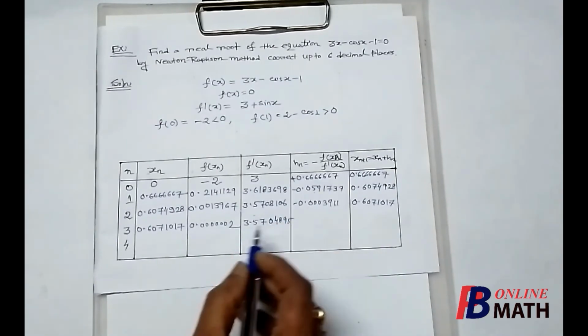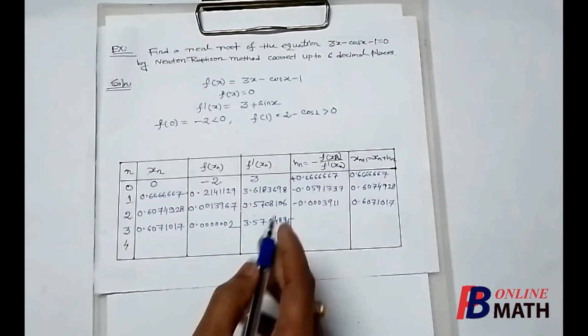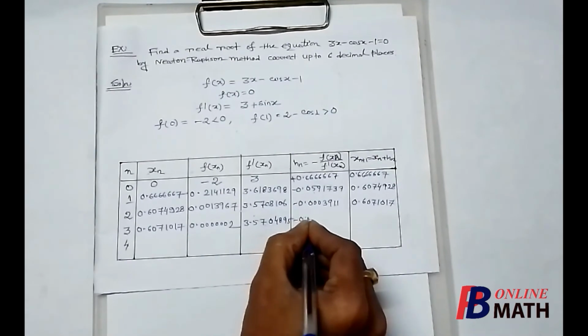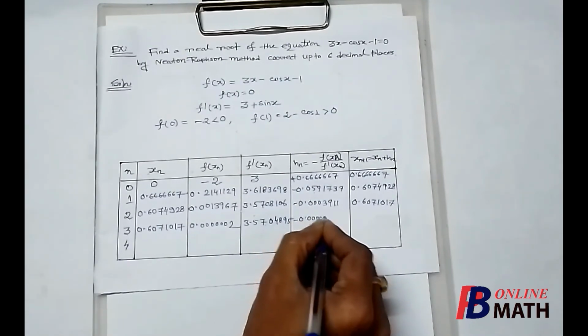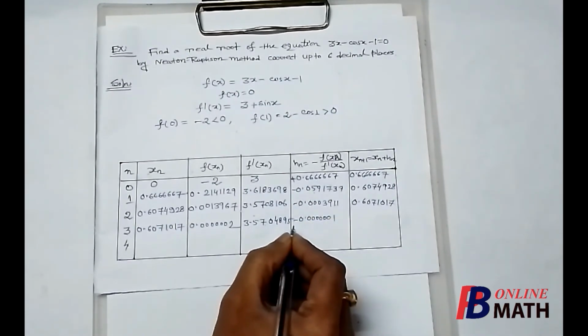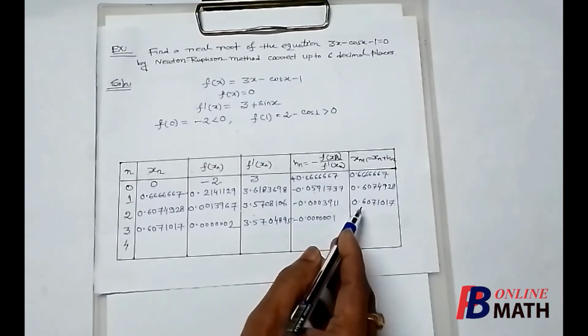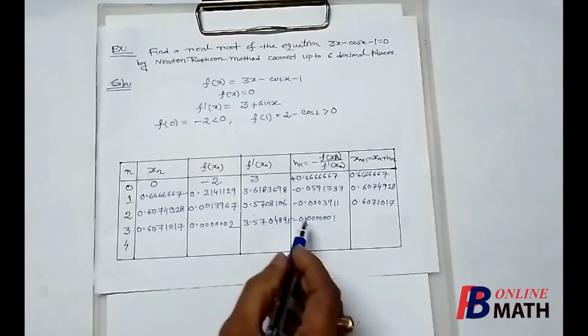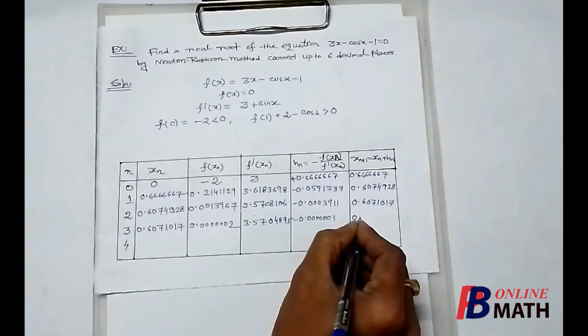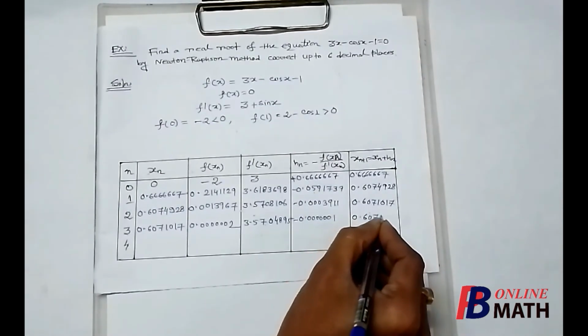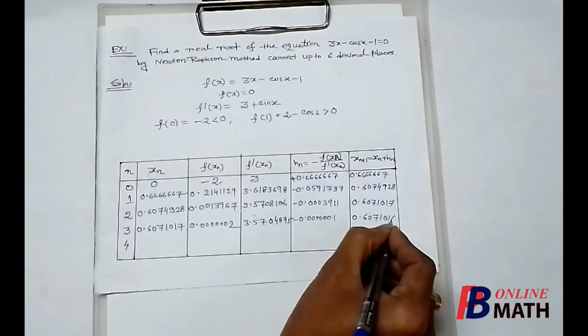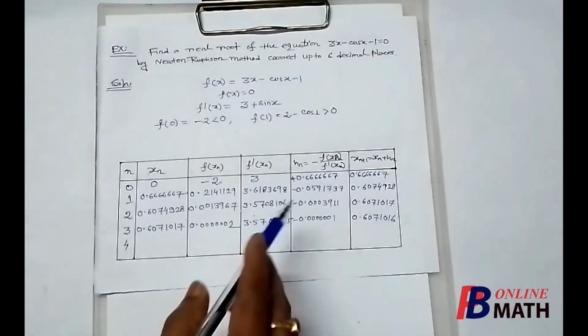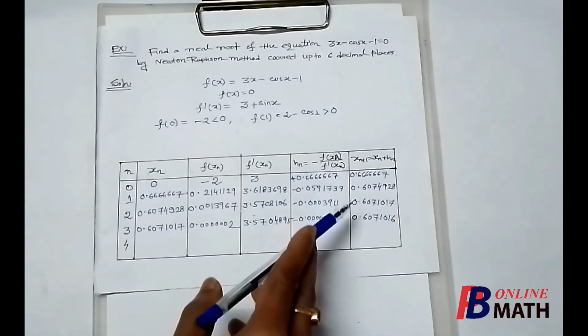And if we divide this value by this value, then we can get minus 0.0000001. So xn plus 1 will be this value plus this value. So here we get 0.6071016. So these are the successive approximations.